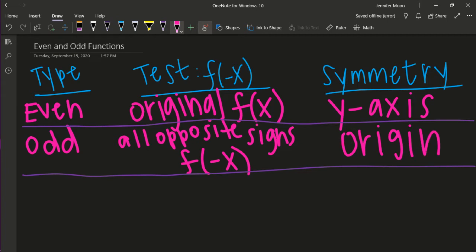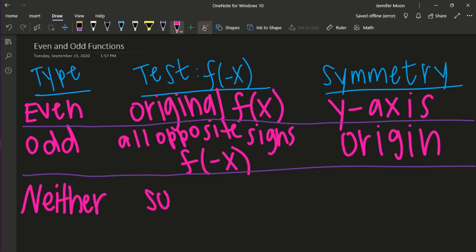And then the last type is neither. So if we have a function and we do this test and some of the signs change, then that function is said to be neither even nor odd.